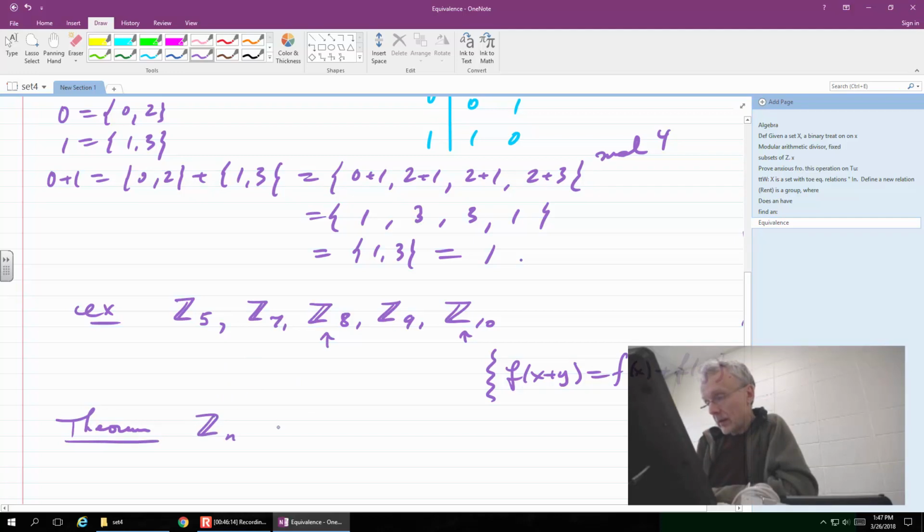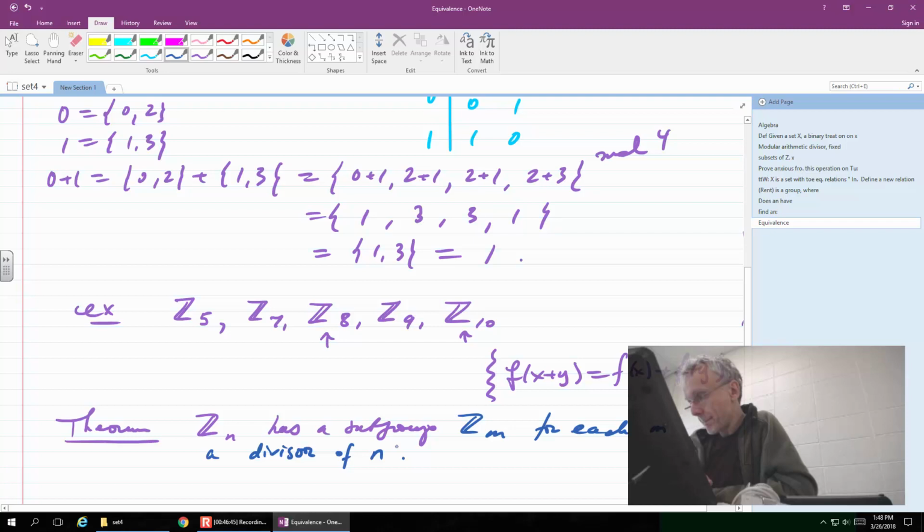Zn has a subgroup Zm for each m, a divisor of n. Okay, so that's what we tried to illustrate.